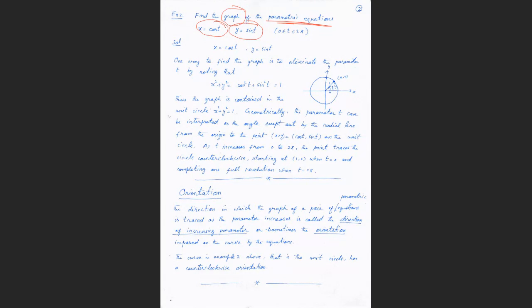Now we have two parametric equations, which is x is equal to cosine of t and y is equal to sine of t. From these parametric equations, we have to find the graph. And we have the interval from 0 to 2 pi.